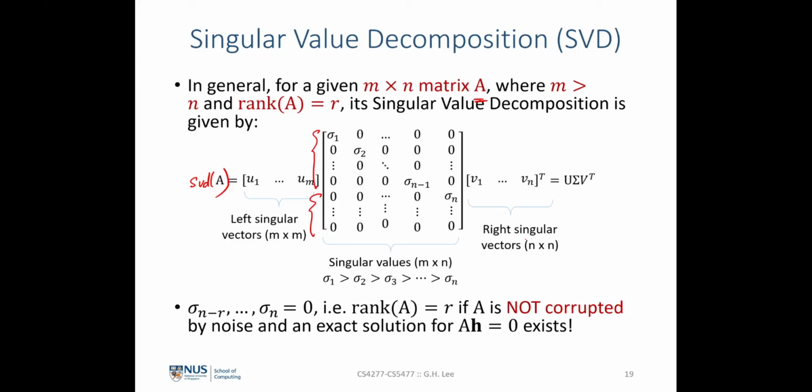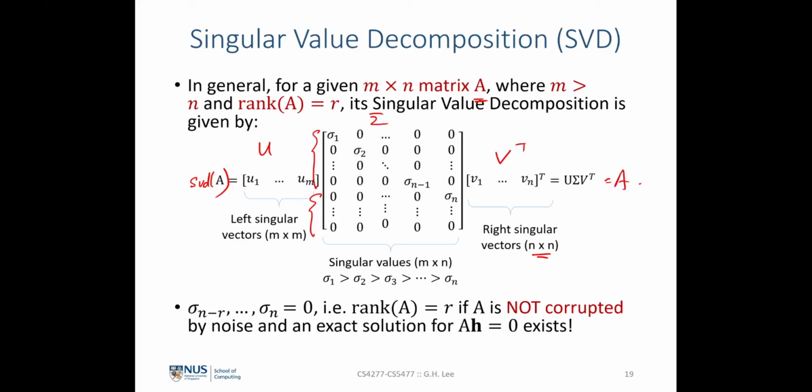And we will also have our right singular vector, which is in general N by N in size. We can denote this as U sigma V transpose, and this will give us the matrix A.